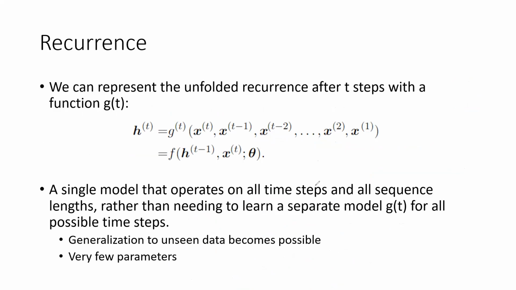सही है. So just अब ये आपको मैं बताने लगा हूँ बस just this last thing. We can represent the unfolded recurrence after t steps with a function gt. So ये एक, I mean just for explaining purposes के at time t I have information which I inputted at time x1, or all of these are inputs all the way up to time t, and all of these inputs which are incoming, so I just put them in this function gt which I apply again at time t, because in this case you have to remember the timestamp, and then obviously that is going to give me the hidden state.